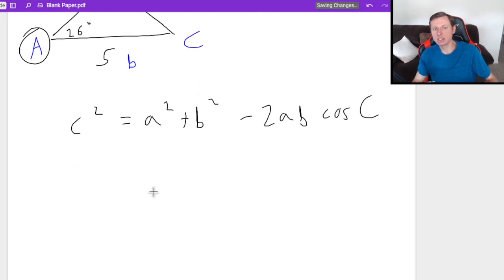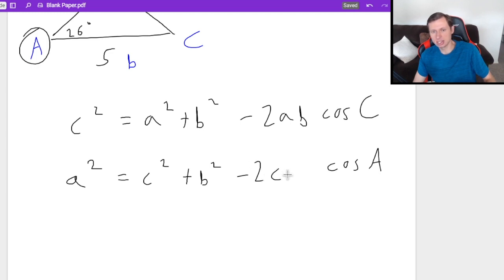So I'm saying wherever I see a C, I'm replacing it with A because I have the angle for A. In other words, this is now cosine A. This isn't c squared anymore. It's lowercase a squared. And now I'm going to switch the A's with my C's. In other words, that a squared becomes c squared plus b squared minus 2cb cosine A.